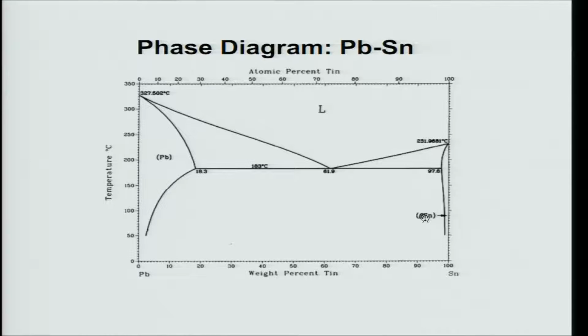Then we will discuss how these microstructures actually form, because, as you understand, the eutectic phase diagram has the reaction given by liquid going to two solid phases.